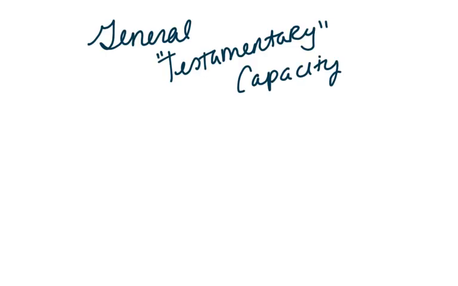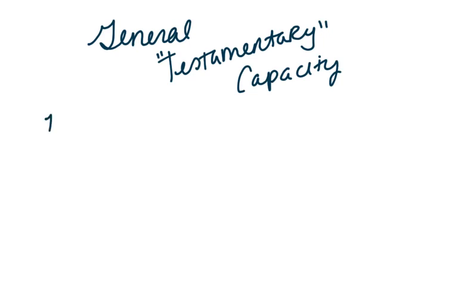So let's begin. First, we're going to talk generally about the capacity needed to make a will. We will refer to this capacity either as general capacity or testamentary capacity.